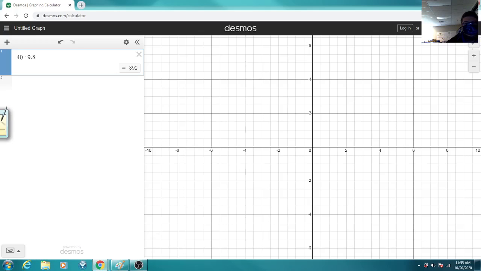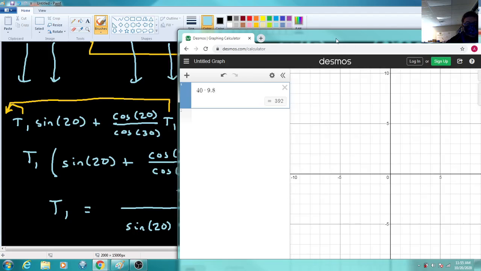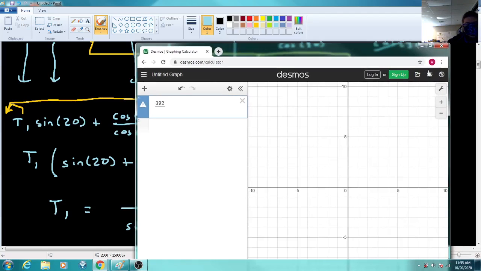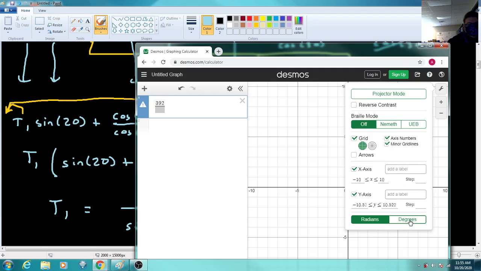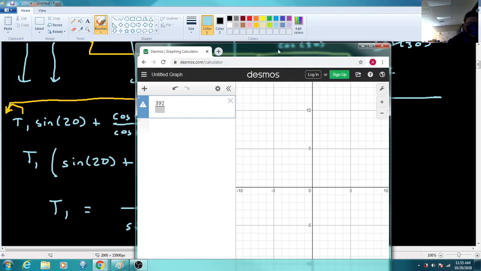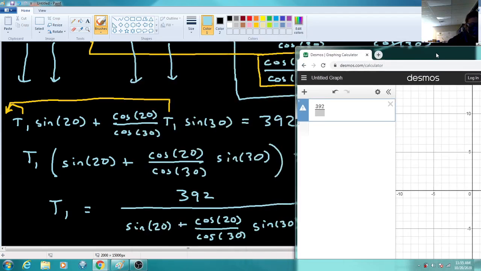Okay, let's see here. We got 392 divided by, oh, I need to switch Desmos over to degree mode. If I don't do that, everything's going to be wrong when I use my trig functions, because we're dealing with degree angles here.